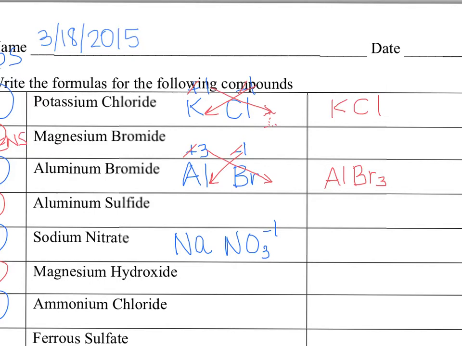Sodium is in group 1, so it is a +1. Then we drop the signs, crisscross applesauce. So how many sodium do I need? Just 1. And how many of the total nitrates do I need? Just 1. So I can write it as NaNO3. So that is sodium nitrate.